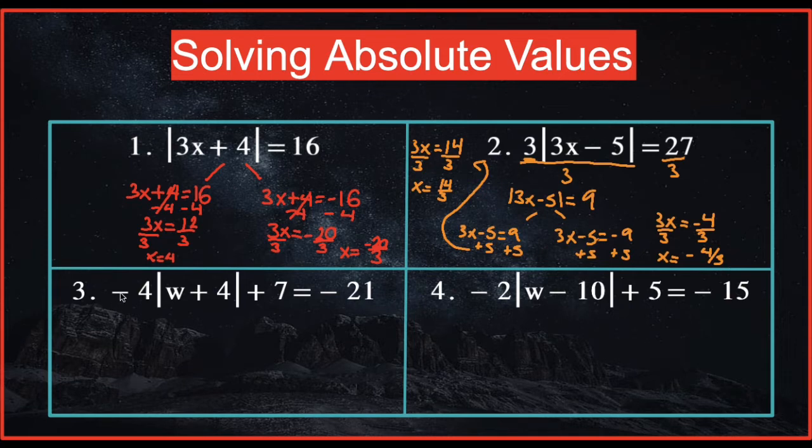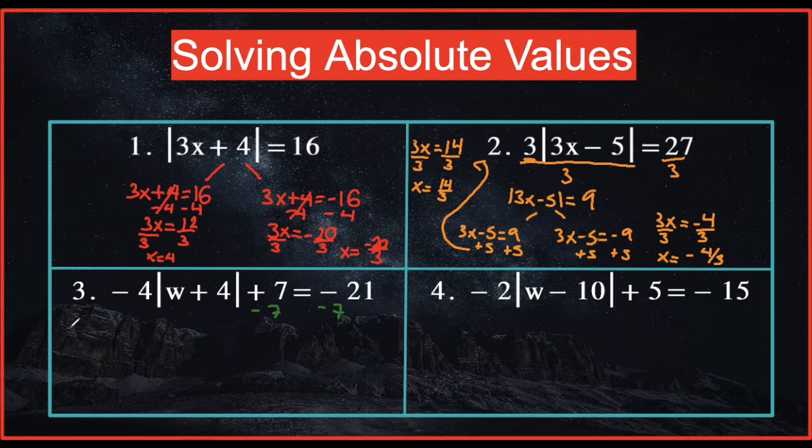Number 3. -4 times the absolute value of w plus 4, plus 7 equals -21. Our first step here is to get the absolute value by itself, and we do that by first subtracting 7 on both sides.